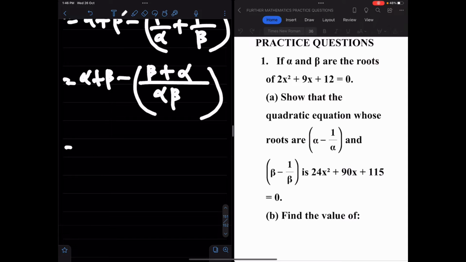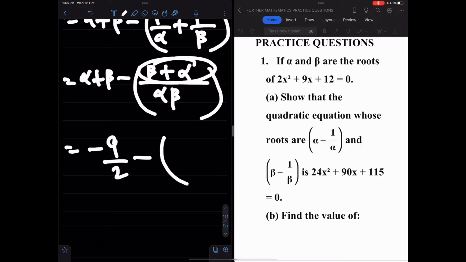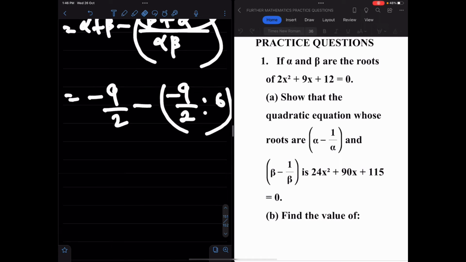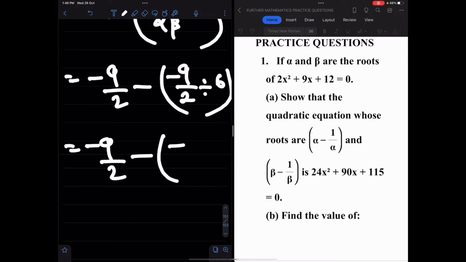Now this is alpha plus beta, which is minus 9 over 2, minus the bracket of alpha plus beta, minus 9 over 2, divided by alpha beta, which is 6. Of course, minus 9 over 2 divided by 6 is the same as minus 3 over 4.